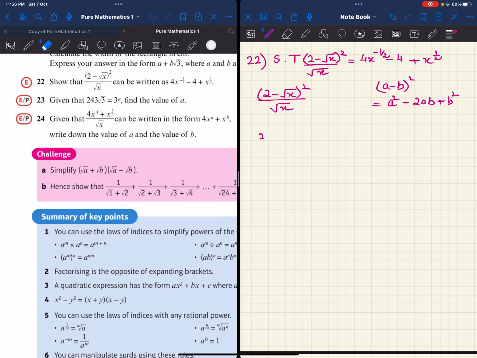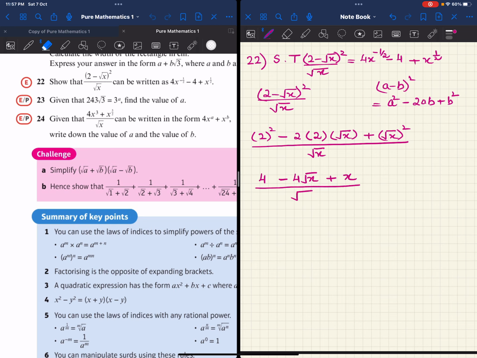So a is 2 squared, minus 2 into the a again, which is 2, into the b, which is root of x, plus root of x the whole squared, divided by root of x. We can simplify: 4 minus 4 root x plus x, all divided by root of x.